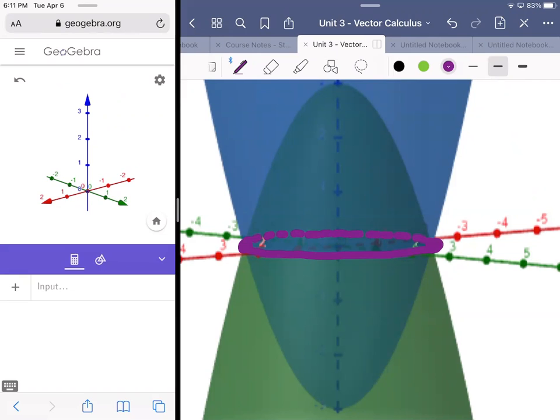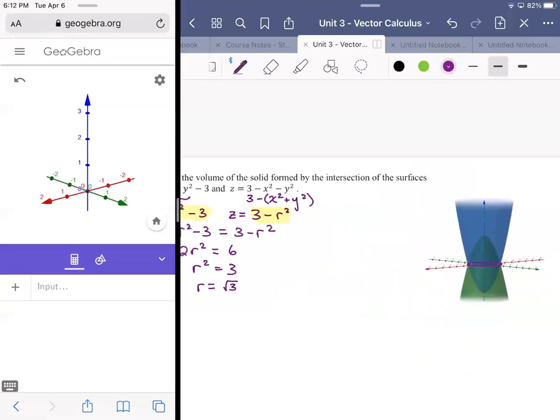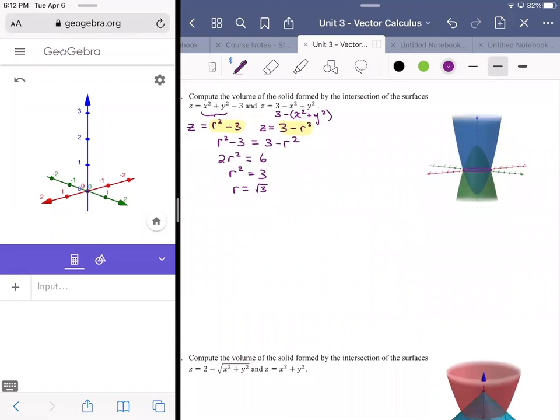But I suppose that could be a radius of the square root of 3, which is about 1.7. Okay, maybe not. It seems to be right in the neighborhood of that 3, but I'm not betting my life on the quality of my diagrams. I'm more confident in the math than the ability to draw a picture. So that seems to be the outer extent.